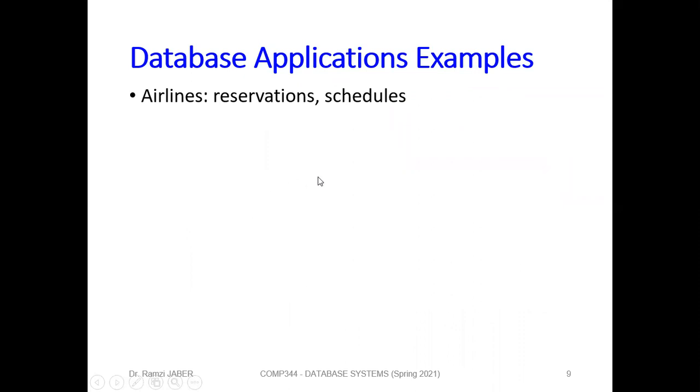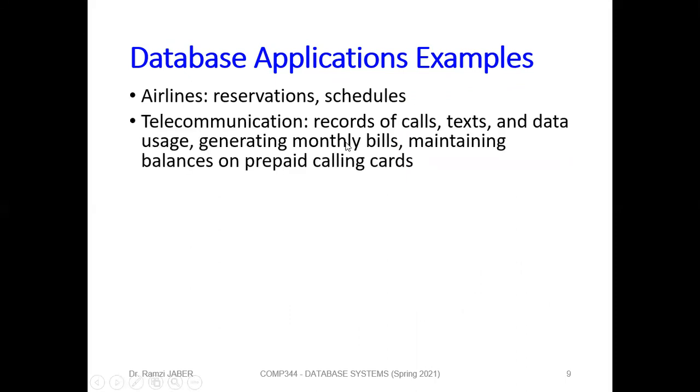Also, a big example is airlines: tickets, reservations, the schedule of takeoff and landing of the airplane, and so on. Of course, our communication via telecommunication, records of calls, text and data usage, or video, WhatsApp, and so on.